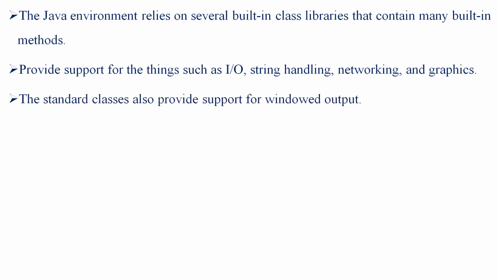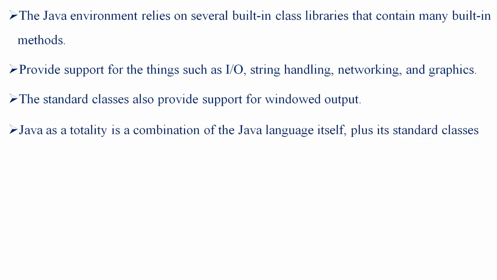The standard classes of the Java class libraries also provide support for Windows output. The entire Java class library, or the standard set of classes, provides support for Windows output.